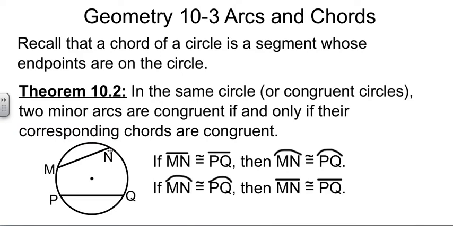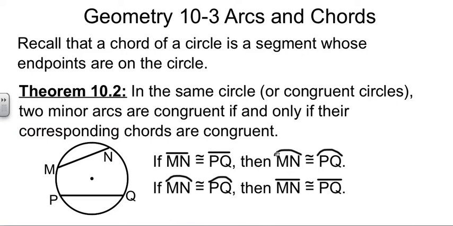So arc MN is going to be equal to arc PQ if segment MN is equal to segment PQ, and vice versa. If the segments are equal, then the arcs. If the arcs are equal, then the segments.